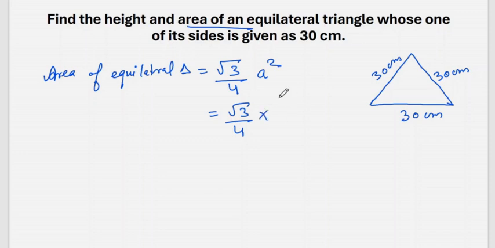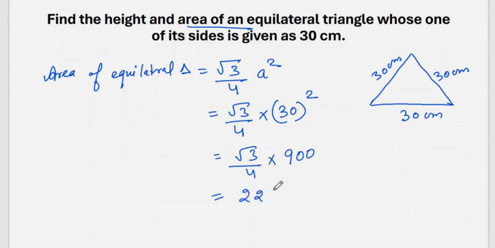What is your A? A is your 30 centimeter. Just multiply it by 30, that means you are taking the square of 30. So this is root 3 by 4 into 900. Okay. So if you multiply this, you will get 225 root 3 centimeter square.